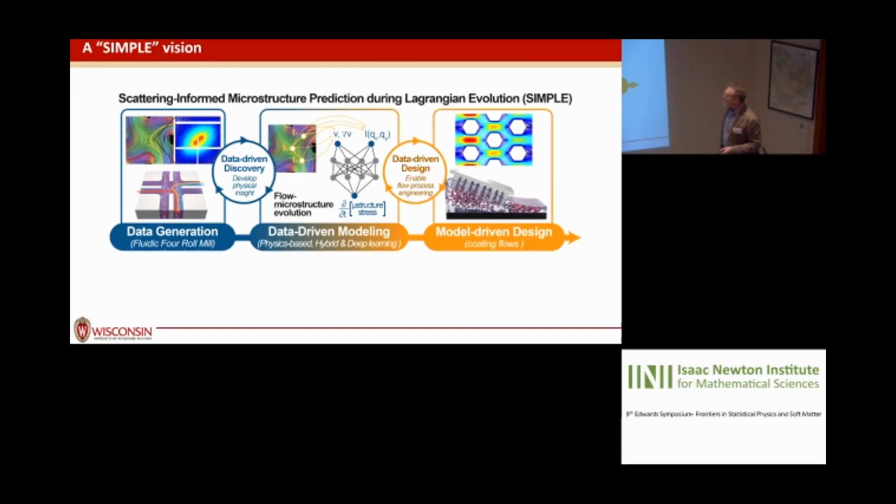And the ultimate idea is to be able to take experiments like I just described, take some modeling tools, and use those to learn evolution equations for microstructure and flow from these experiments, and ultimately to make this final step to actually do model-driven design for complex processes involving soft materials. So that's kind of the manifesto for what we'll be doing.